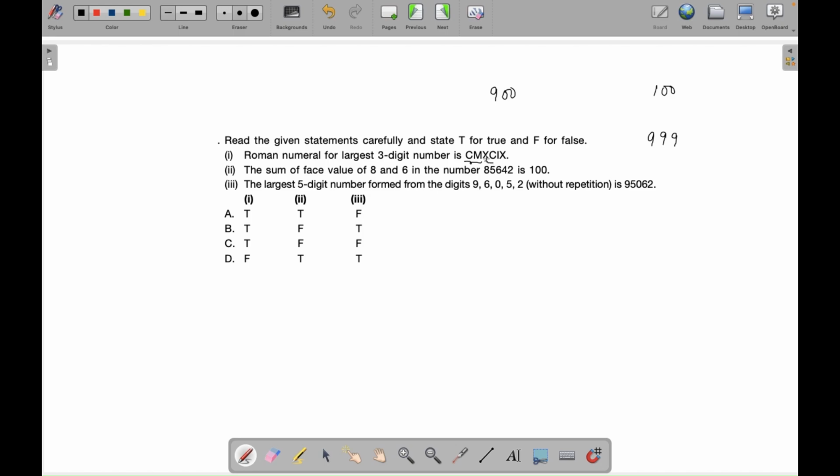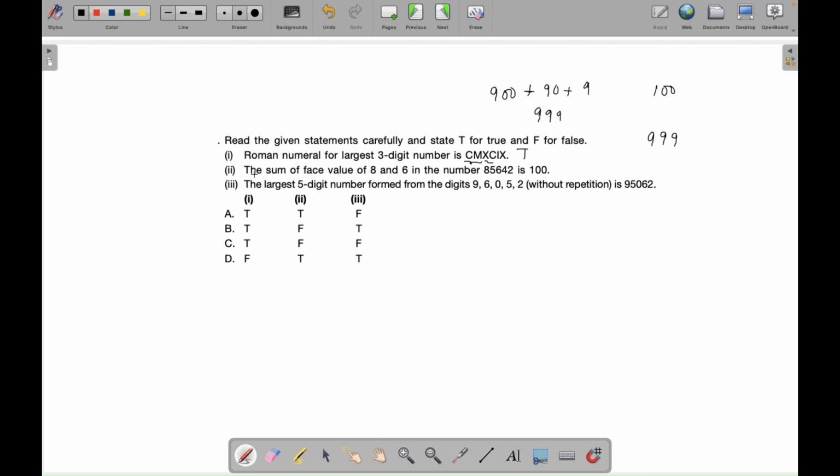So we'll subtract 10 from 100 since 10 is smaller than 100. So 100 minus 10 is 90, so we'll write 90 here. And then we have IX. X represents 10 and I represents 1. If I subtract 1 from 10, I get 9. So if I add all these three numbers, I'll get 999, which is the largest three-digit number. So this statement is true.